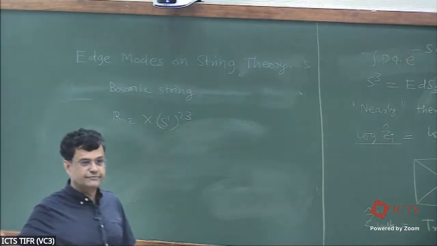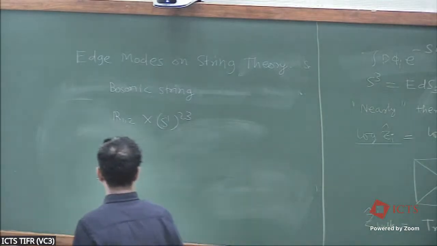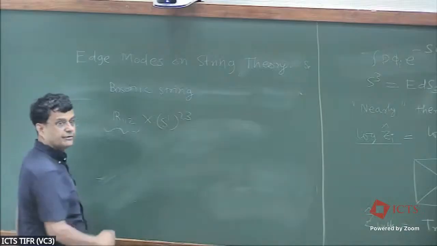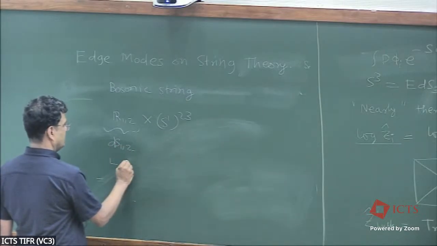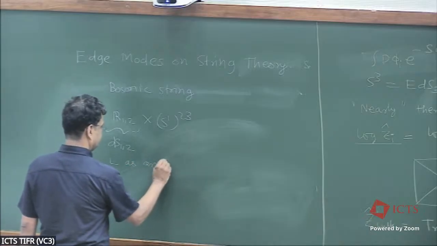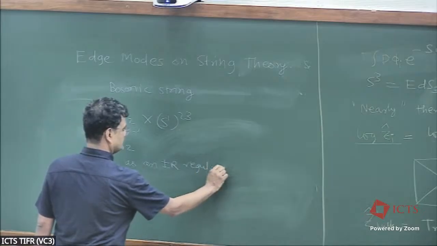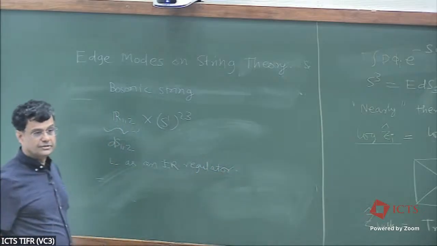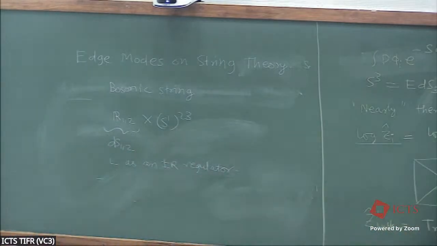I just compactify to 3 dimensions, and then I regard this factor as just a regulator, with dS1,2 and L as an IR regulator. One can do it also in AdS, where things are a bit better, but it has some other problems. So we decided to do it first in de Sitter, but we will also discuss AdS later.